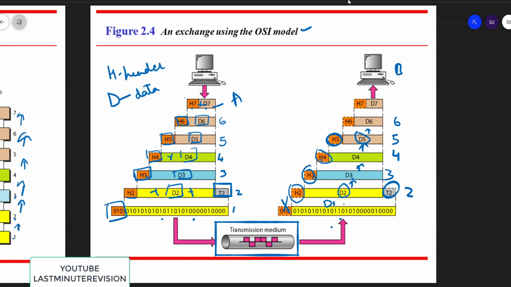In that one, it will again remove the H6 and only data 6 is left, which is forwarded to the application layer, that is layer 7. In that one, you have H7 and D7. H7 is again removed, and the data 7 is given to the endpoint of the receiver. So this is how the OSI model works.